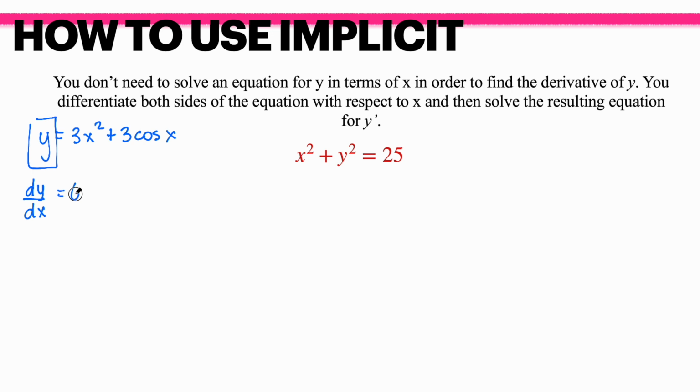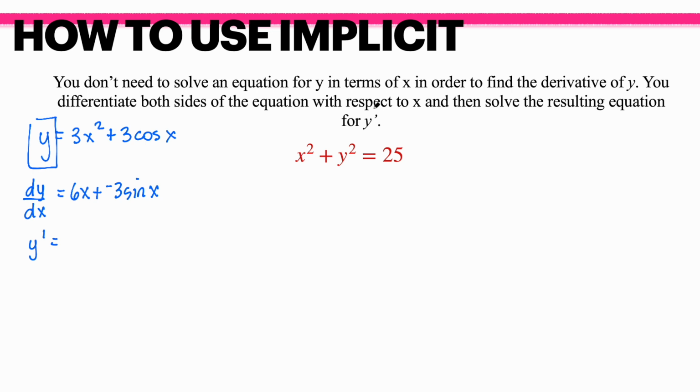It would be 6x plus negative 3 sine x. You would take the derivative of the x's, and the derivative of y is literally the derivative of y, or we could say y prime, same thing.